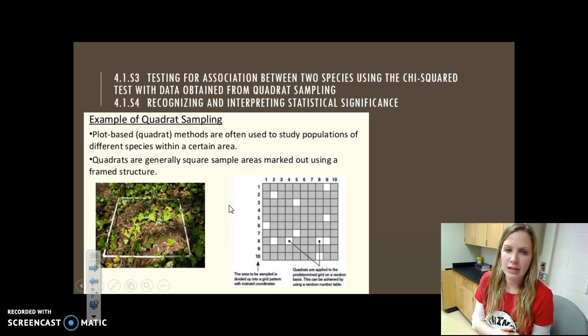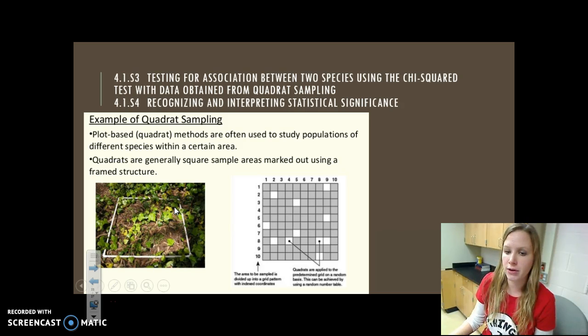So if you were to go out into the field, which we won't do because there's snow on the ground, but if you were to measure the length of the field by the width of the field and divide those into 10 quadrants, you could then roll dice and get a 2 and a 6, which would mean you'd go to the second and go over 6, and you'd drop this little made PVC quadrant down, and then you would count the species of plants, usually, that are within that quadrant.